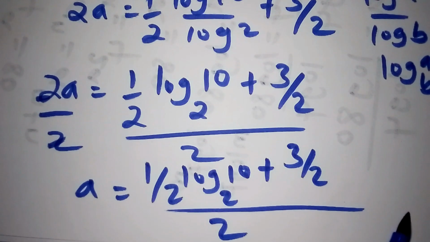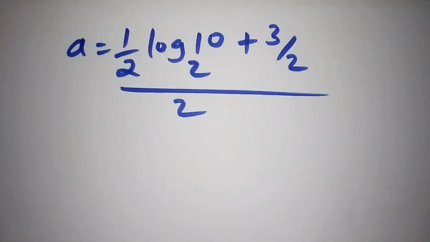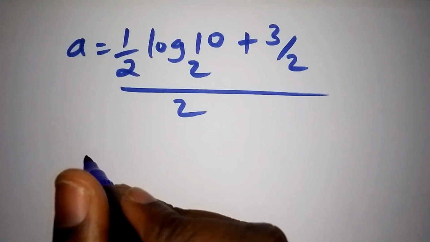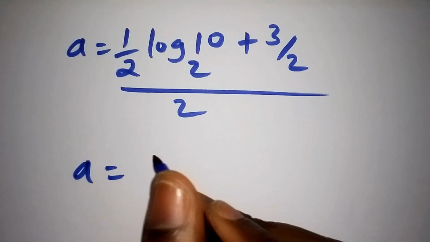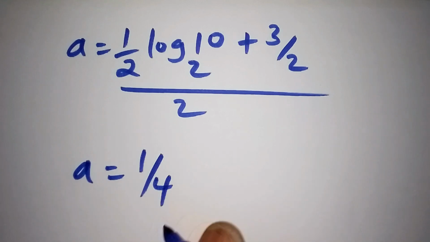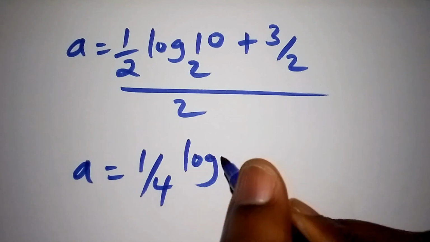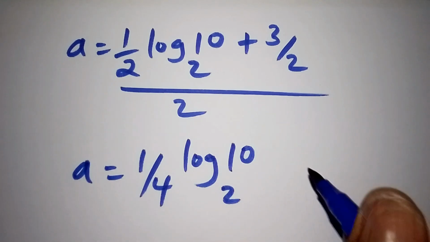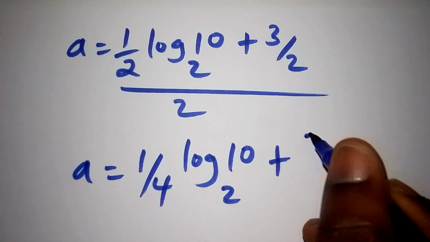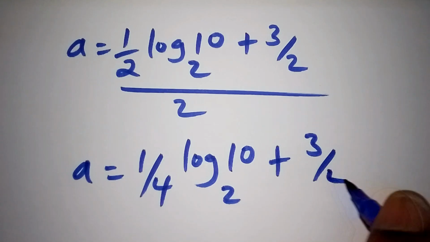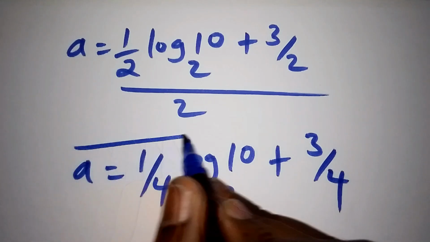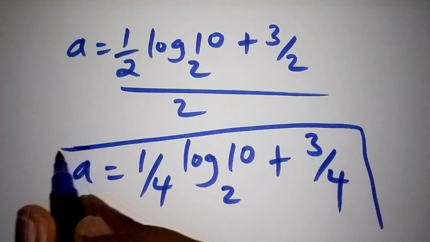So finally, when you divide by 2, our final answer is a is equal to 1 over 4 times the log of 10 to the base of 2, plus 3 over 4. So this shall be our correct answer for the value of a.